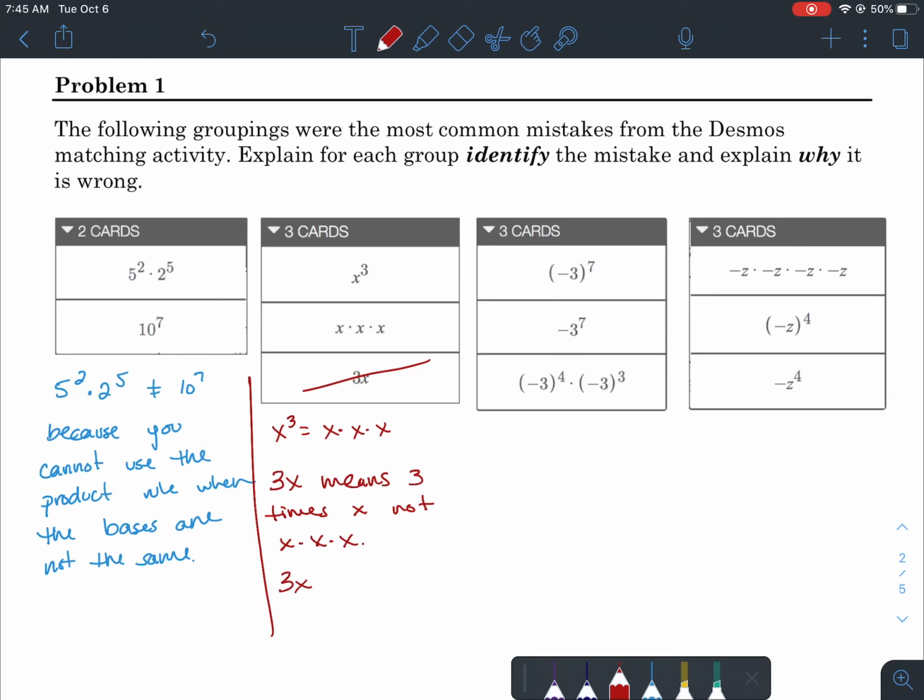Really, 3x came from x plus x plus x, right? That's where that's coming from. Also, x to the 3rd does not equal 3x because we don't multiply the base with the exponent.